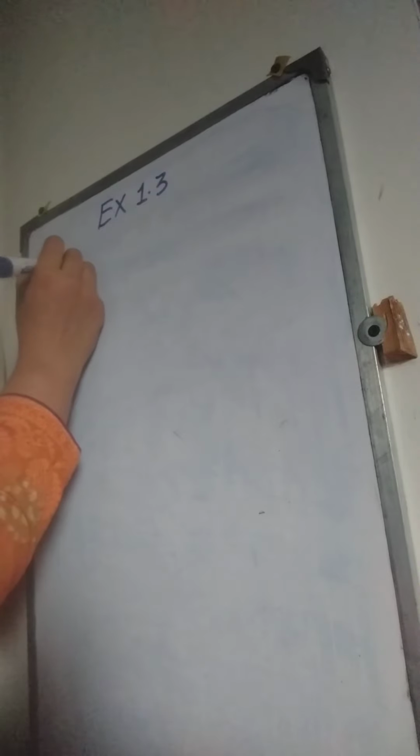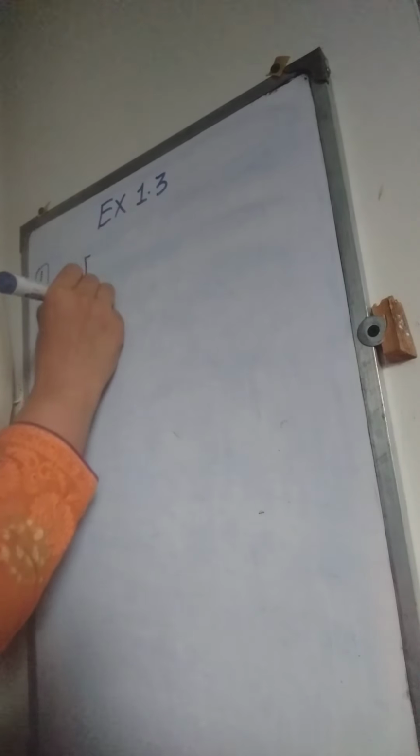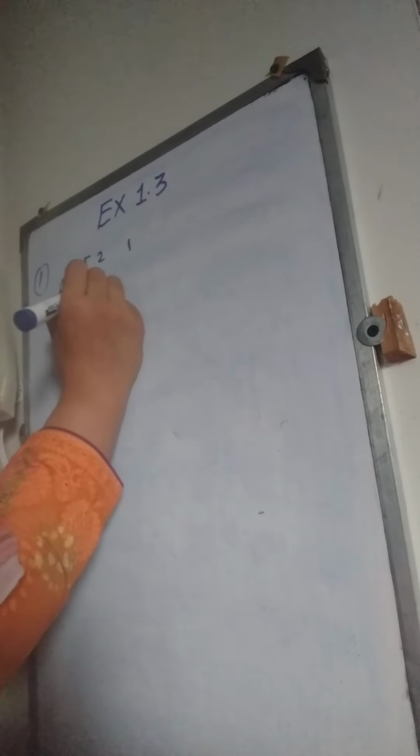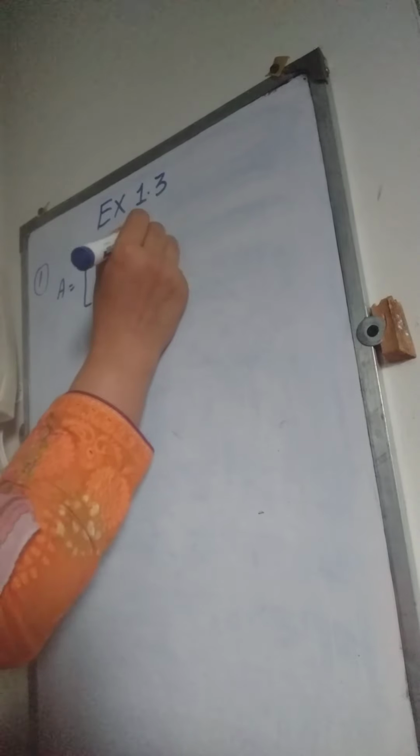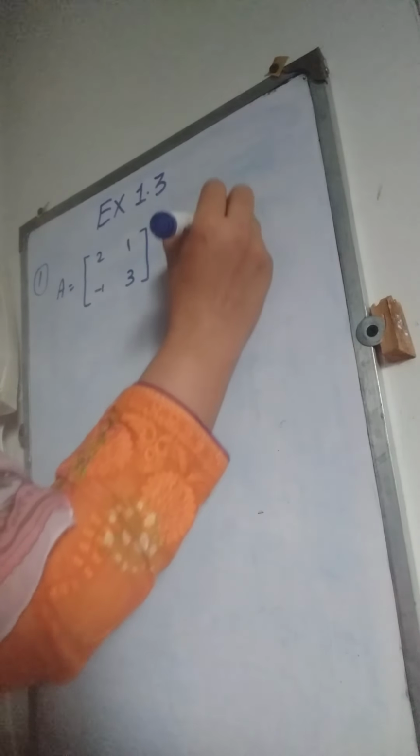Okay. So the first matrix is matrix A. Question number 1, matrix A. We have to tell which of these matrices can be added and which cannot be.